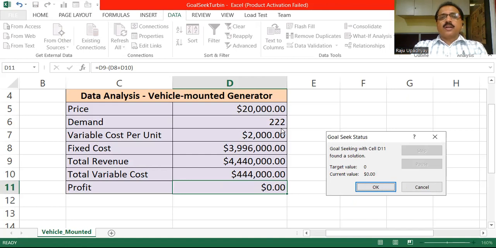And if you want to convert it into profit, you have to sell even more vehicle mounted generators in the market, that is, more than 222, then only we can get a profit value. So this is the power of GoalSeek. GoalSeek helps us seek a particular goal by changing a certain value.